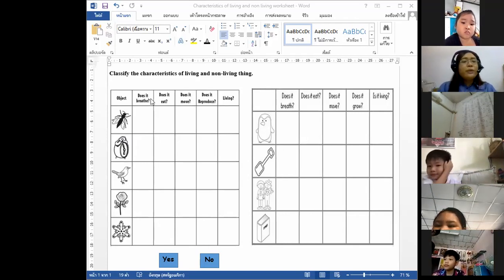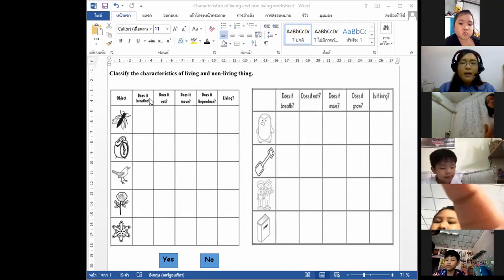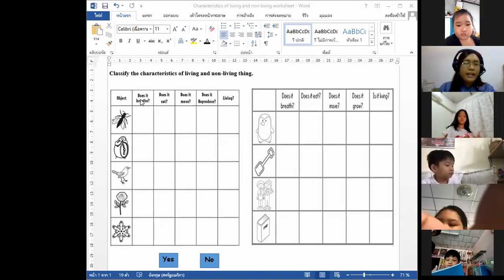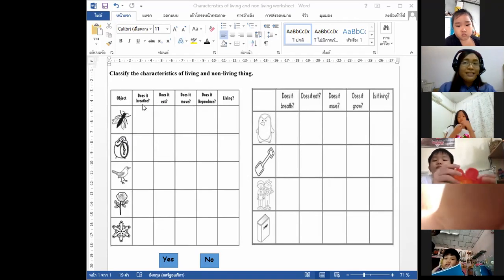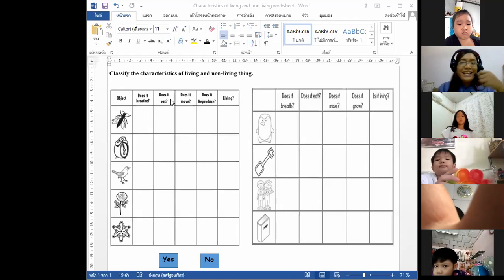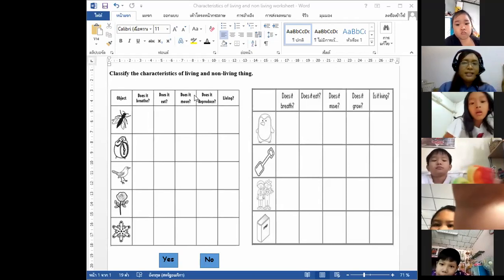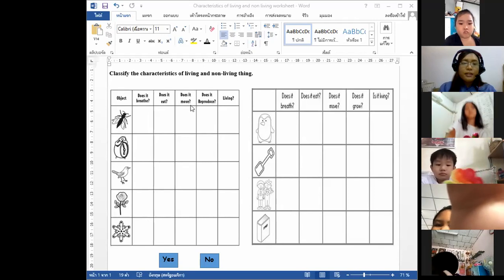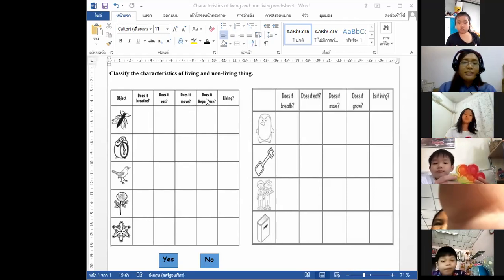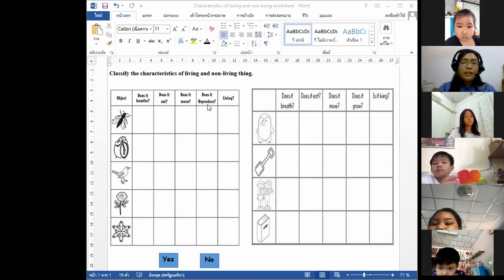All right, the first question here is, does it breathe? Second question, does it eat? Third question, does it move? Fourth question, does it reproduce? And fifth question, is it living?